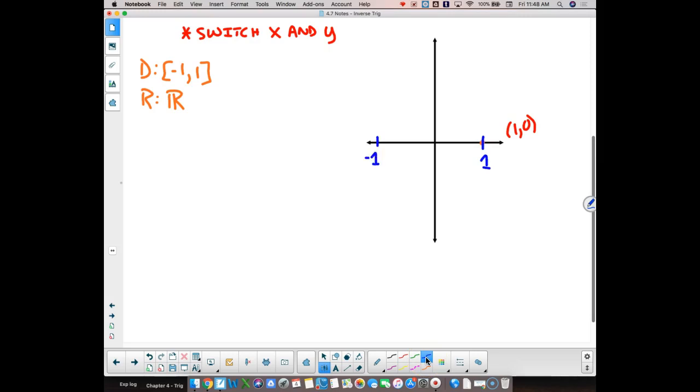The next one that I would get to then is I would be at the point 0, pi over 2, 0, which means I would go to the point 0, pi over 2. Then I would go to the point pi, -1. I'm thinking of sign here. Pi, -1, which means I would go to -1, pi.